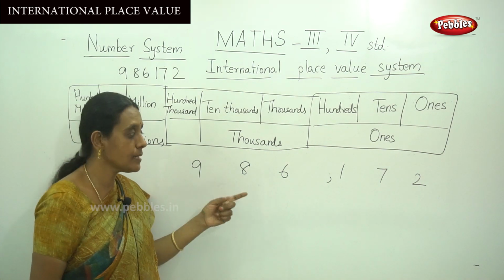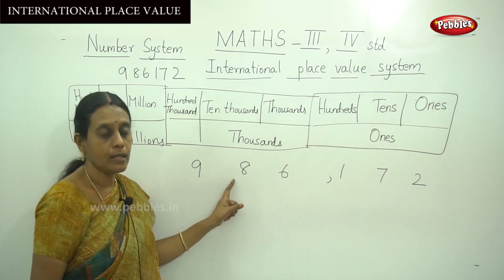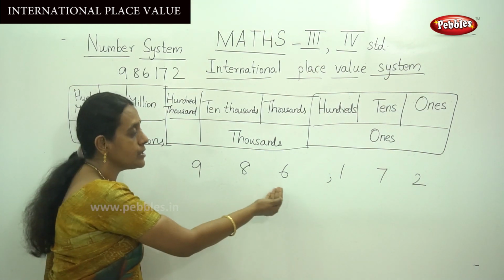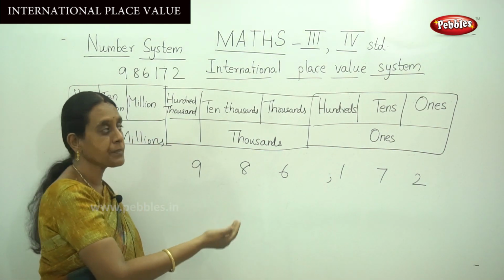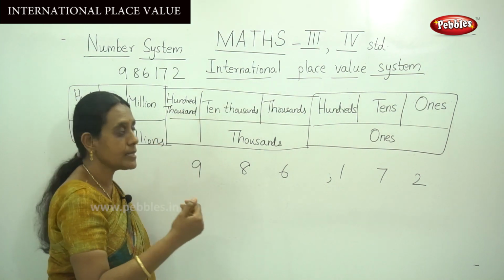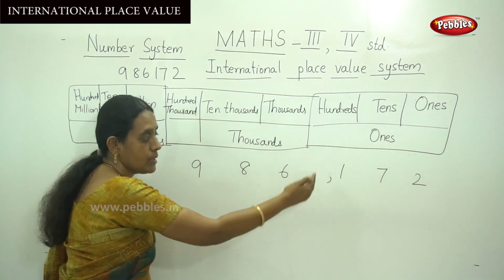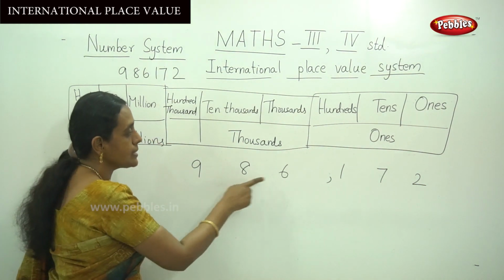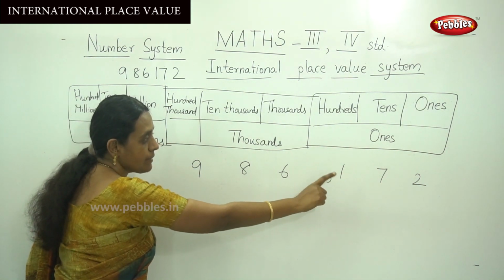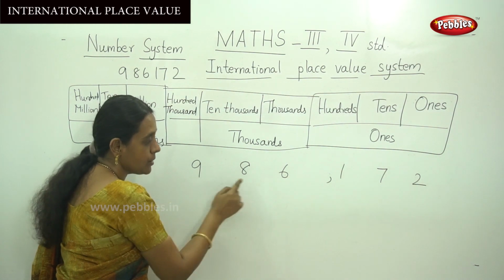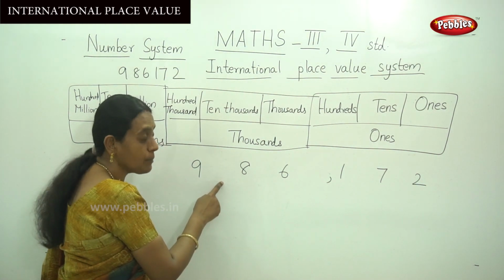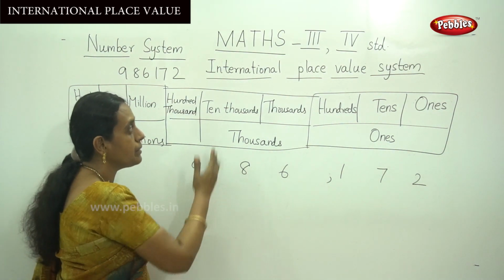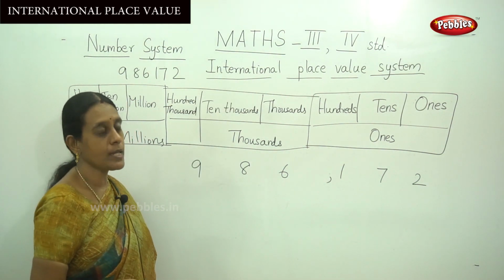In the Indian system you put a comma here, after the first 3 digits, and next you insert a comma after finishing 2 digits. But in the international system, each partition is after 3 digits. So that is 271, insert a comma here. Leave 3 digits after finishing your number for the international place value system.